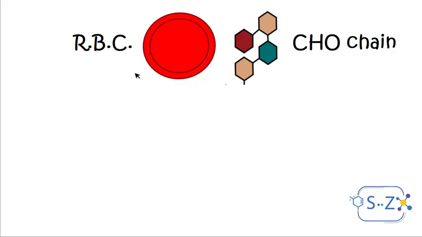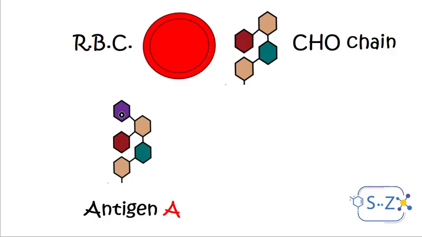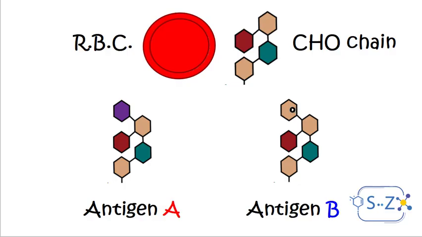So on the surface of red blood cells, we have certain chains called carbohydrate chains. Now, sometimes these chains have a molecule connected to them, and in this case, we have antigen A. And in some other cases, another type of molecule is connected to this chain, which makes it antigen B.